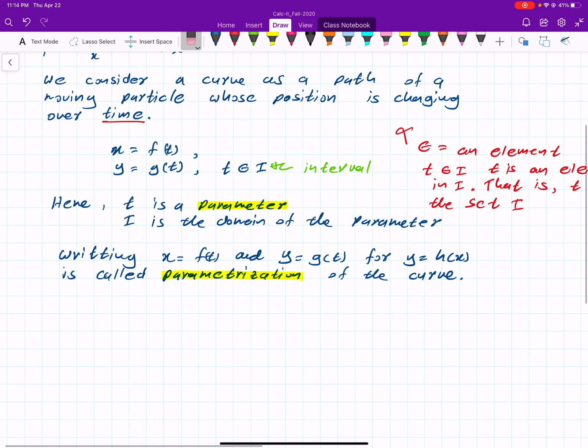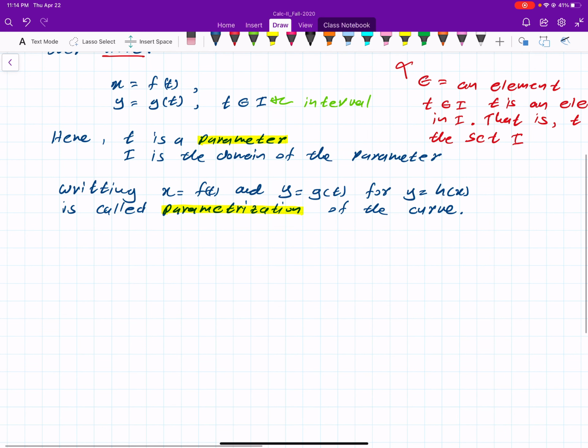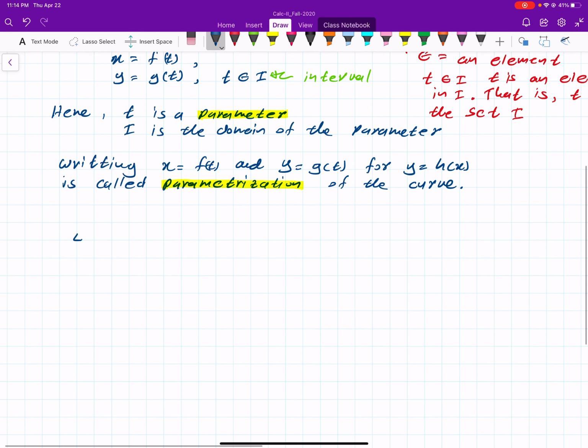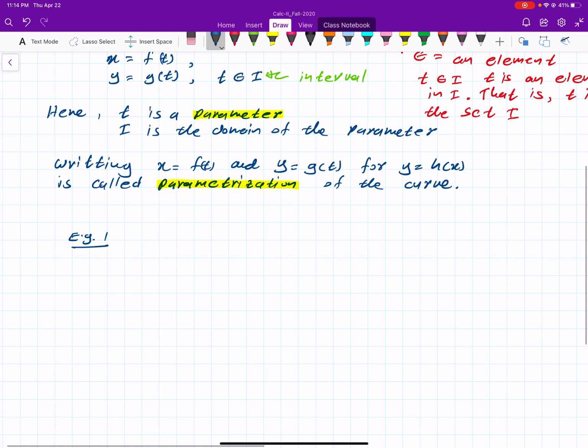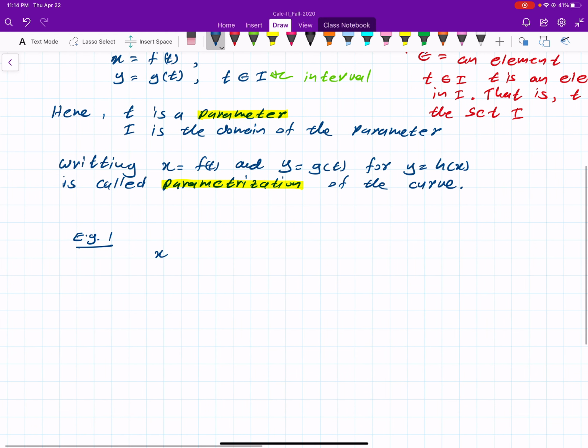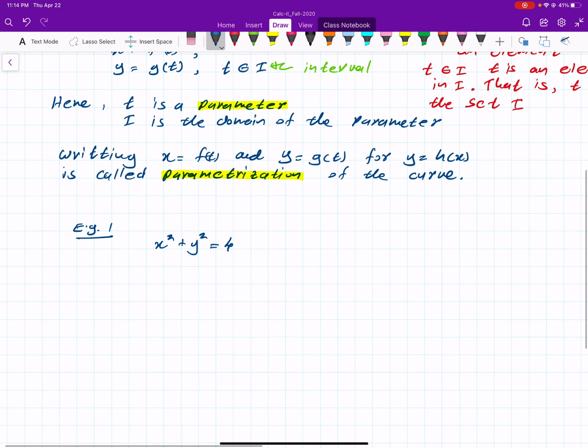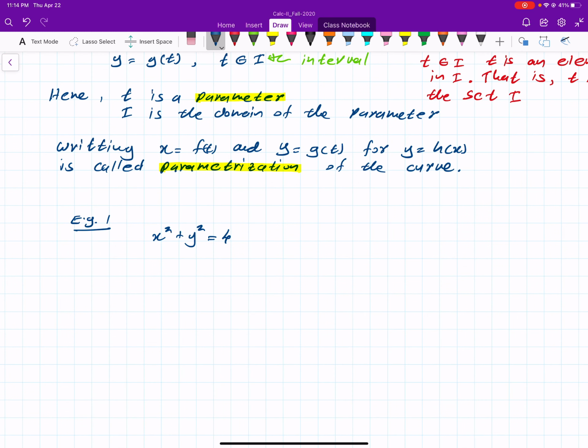All right, so let's move to the first example. You can understand this very well when you do the first example. Example 1. Let's consider this. x squared plus y squared equals 4. Okay, this is the given equation. You have to find the parametric form of this. So let me write like this.